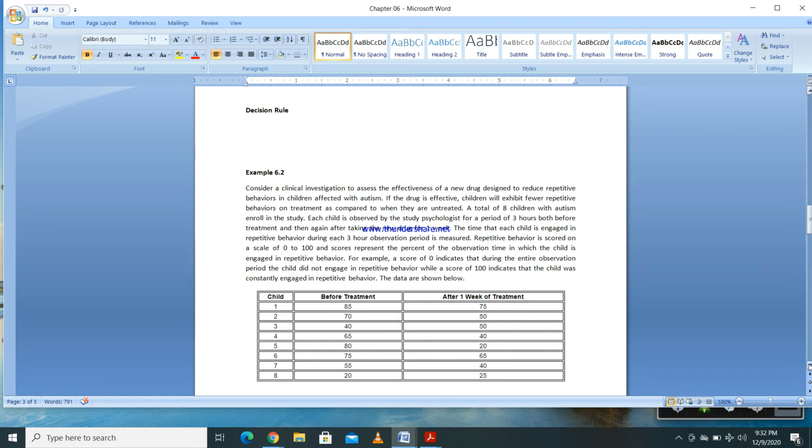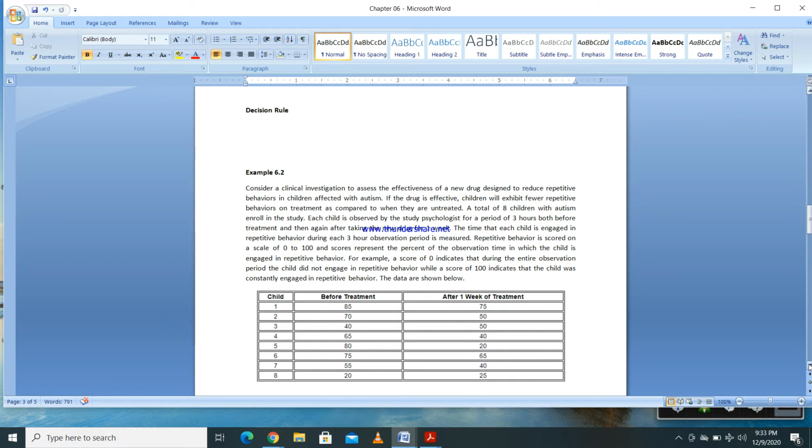A total of 8 children with autism enroll in the study. Each child is observed by the study psychologist for a period of 3 hours, both before treatment and then again after taking the new drug for 1 week.